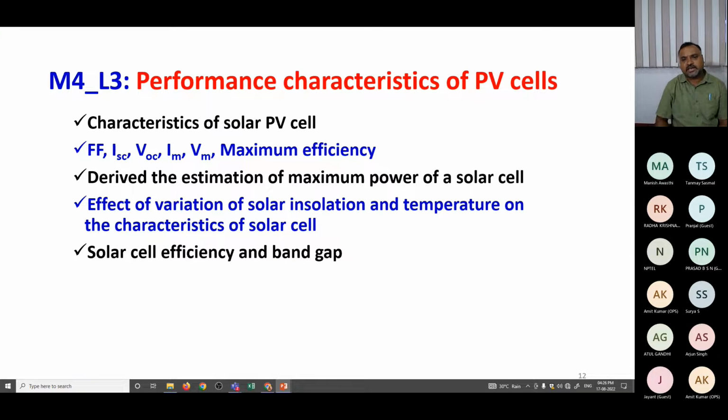Of course we can use devices to know the amount of power generated by solar cells, but we can take help of mathematics to solve for the maximum amount of power to be delivered by a solar cell. Then the effect of variation of solar insolation and temperature on the characteristics of solar cells, and then solar cell efficiency and band gap energy.